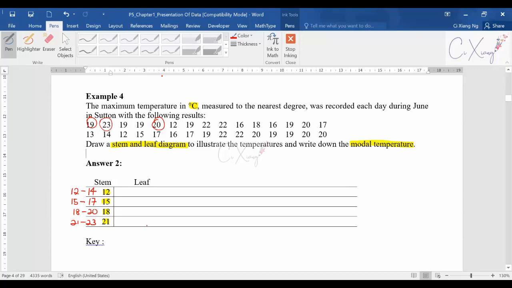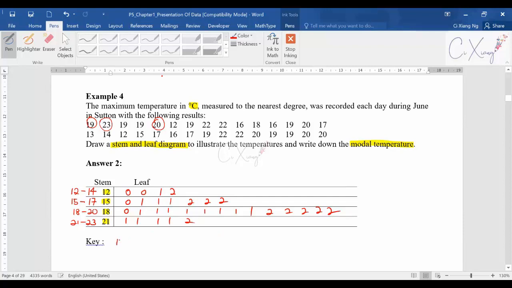Again, you complete the graph yourself here. I will just show you the final answer. So this one is 0, 0, 1, 2, then 0, 1, 1, 2, 2, 2. After that, 0. And then after that is 1, 1, 1, 1, 2.